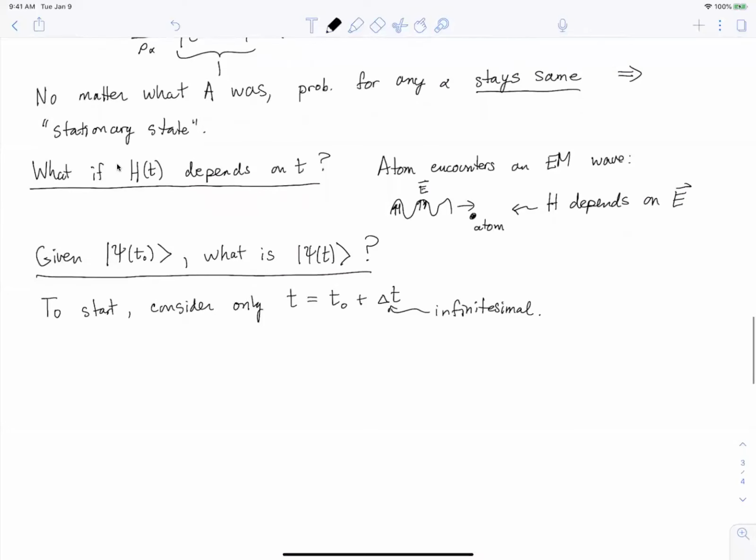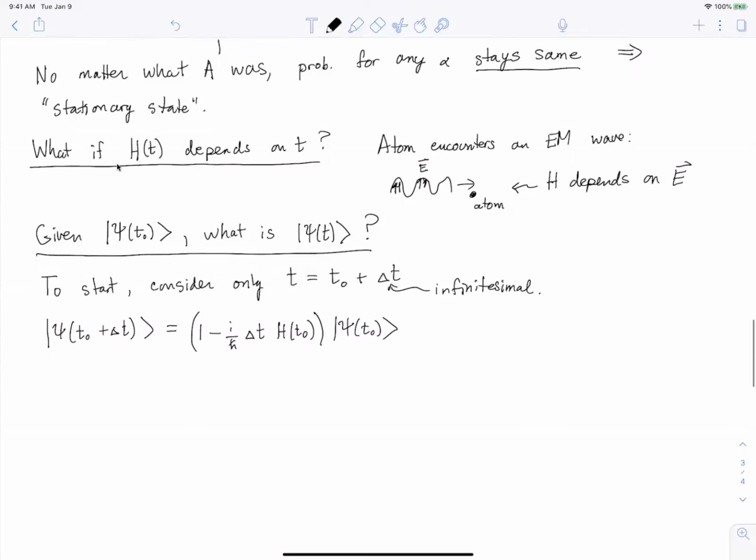Okay? So now we can do what we did before and write psi of t0 plus delta t is equal to, if you solve the differential equation, it's just 1 minus i over h bar delta t H of t0 acting on the ket psi of t0. Okay, so one way to do that is just plug it into the differential equation and see that it works.